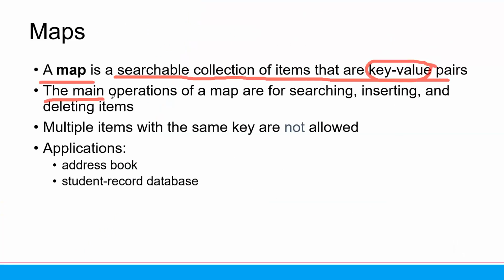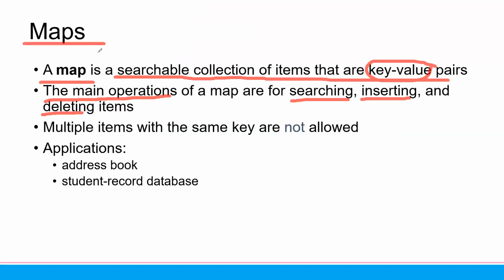And the main operations: you know, the two basic operations are insert and delete. But in the map, or some other kind of structure like list, we can also have a search function.